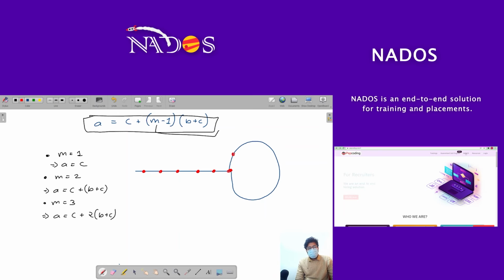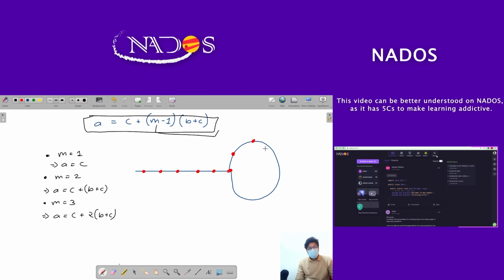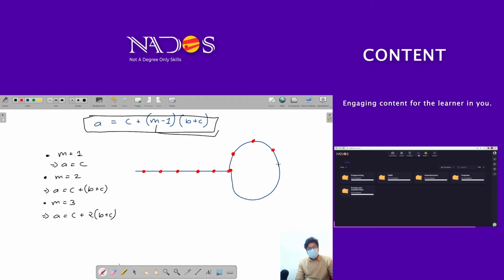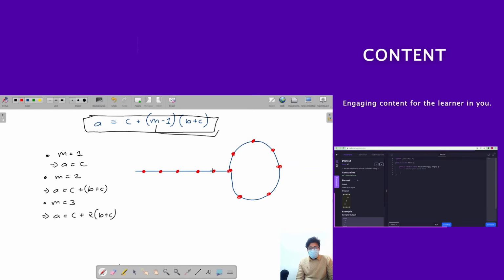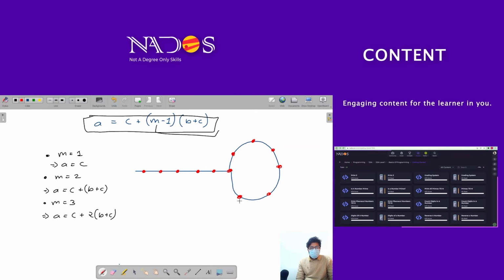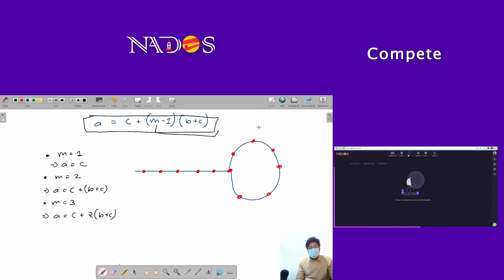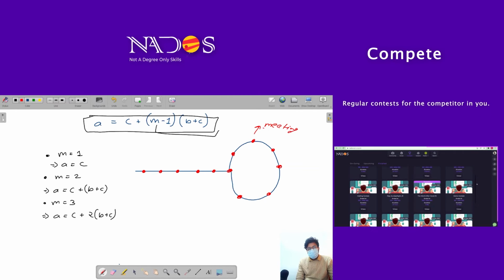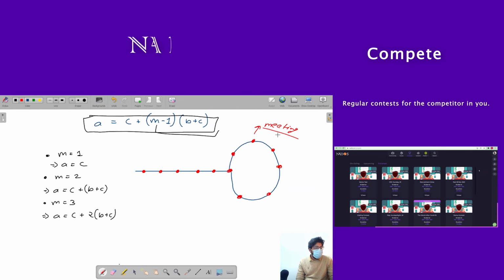And then again 1, 2, 3, 4, 5. So from here 1, 2, 3, 4, 5. This will be our meeting point. Let's check it out. I'm saying right now that this is our meeting point.